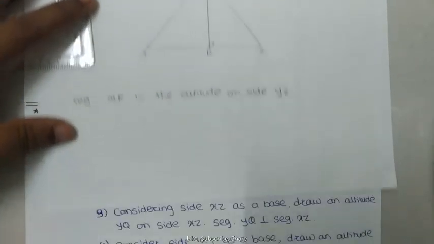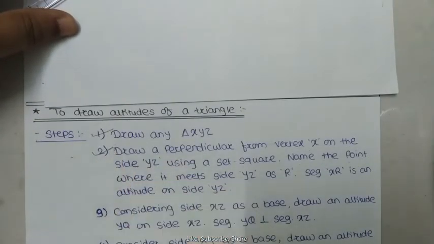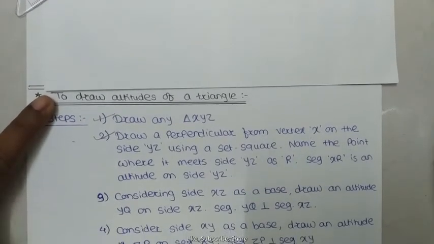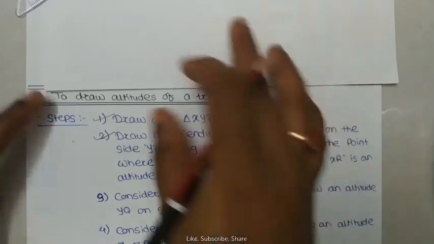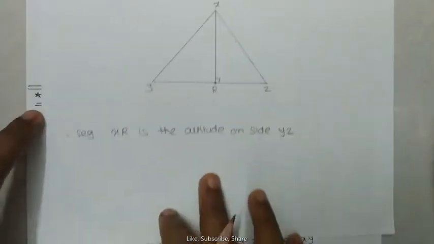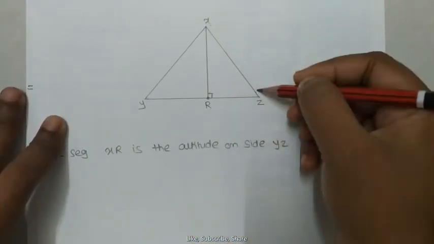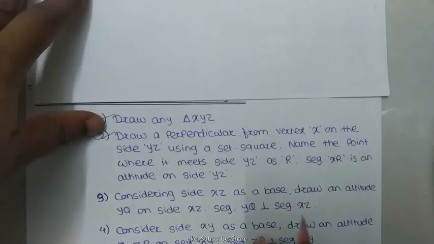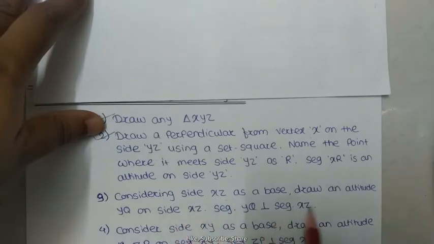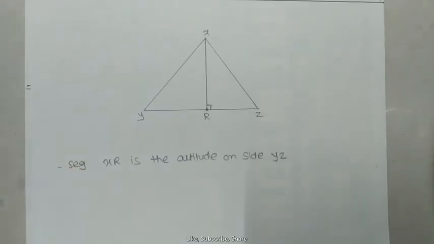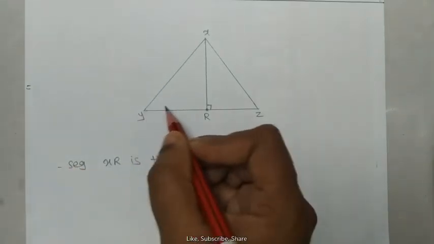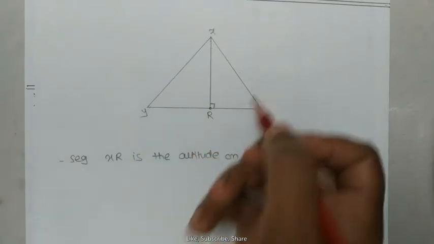Now next we have to do this step. Clear? Now the next one, the third one: considering side XZ as the base. XZ means this one, XZ as the base. Now draw an altitude YQ on side XZ. Segment YQ is perpendicular to segment XZ. So we have to draw segment YQ on base XZ.